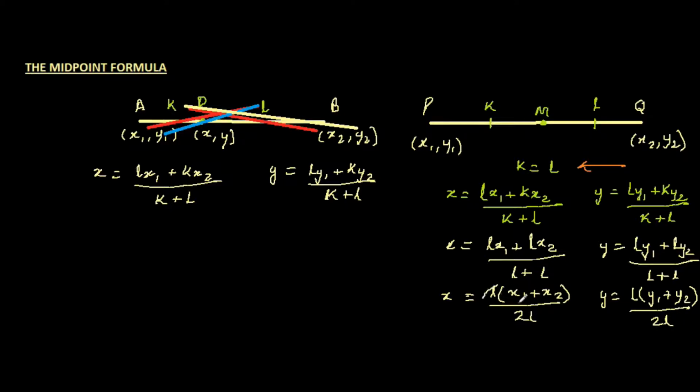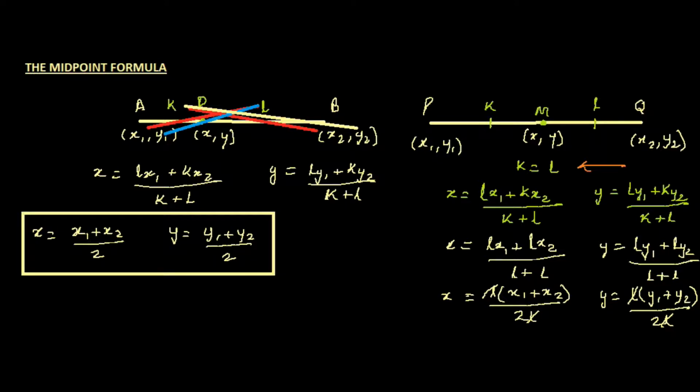Then we can cancel out the L's, and what we are left with is the midpoint formula, which says that the coordinates of the point M, which was x comma y, are: the x coordinate is (x1 plus x2) over 2, and the y coordinate is (y1 plus y2) over 2. So that is the midpoint formula for you.